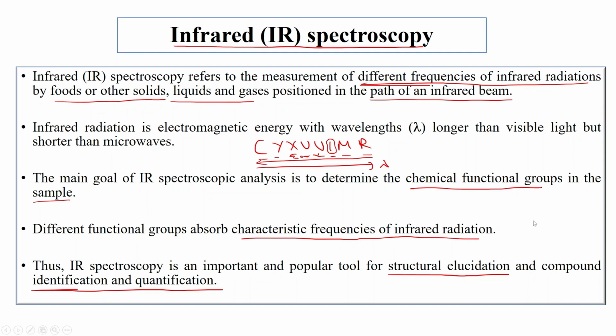If the frequency of vibration of a bond matches the frequency of IR radiation, it absorbs it. Its amplitude increases, but the frequency, the number of vibrations per unit time, remains the same. Thus IR spectroscopy is an important and popular tool for structural elucidation, compound identification and quantification. We will study these applications in the coming slides.